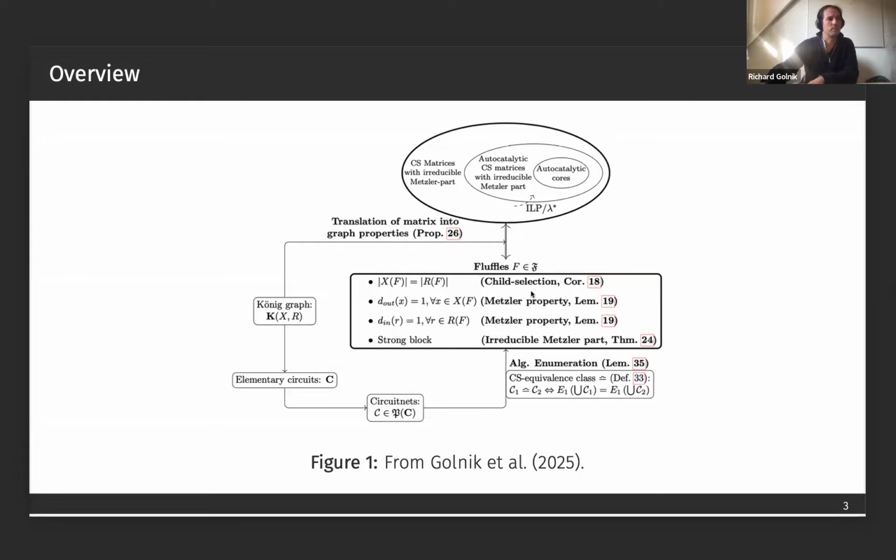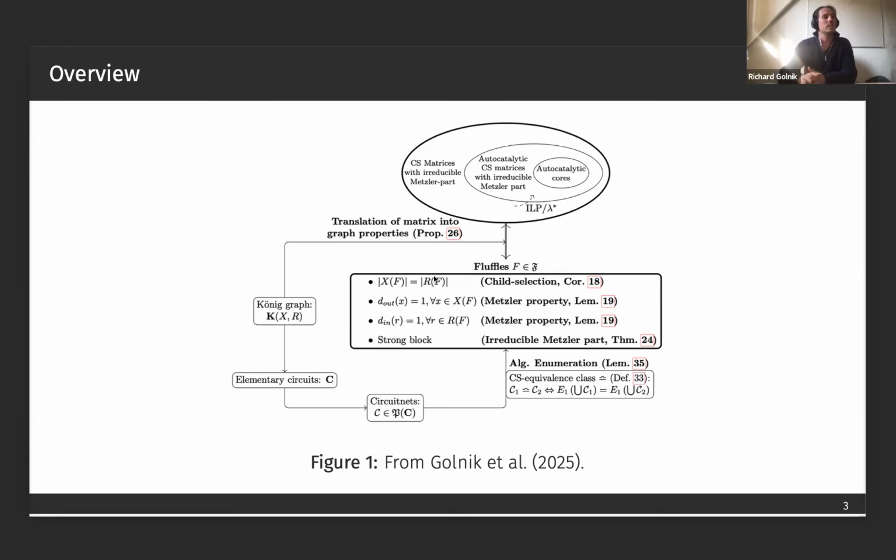These are the so-called fluffles. Fluffles have specific properties. They are strong blocks which have the same number of metabolite vertices and reaction vertices, and each of the metabolite vertices has out-degree 1, while each of the reaction vertices has in-degree 1.